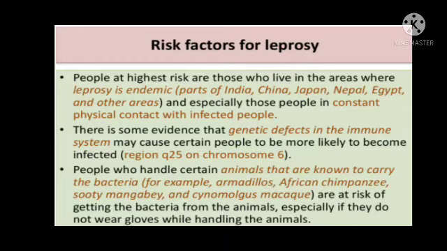Next, risk factors for leprosy. People at highest risk are those who live in areas where leprosy is endemic, such as parts of India, China, Japan, Nepal, Egypt, and other areas. There is some evidence that a genetic defect in the immune system may cause certain people to be more likely to become infected.